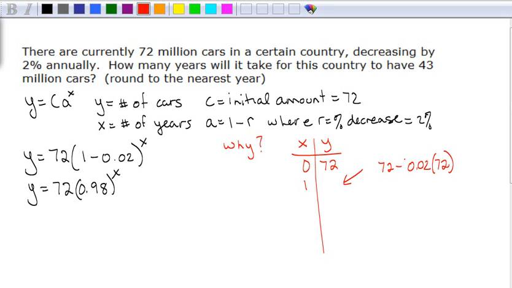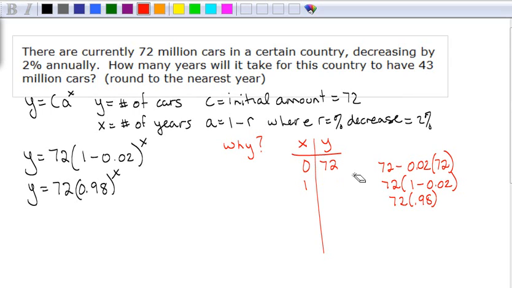Now, where are they getting the 0.98, or the 1 minus 0.02 in the formula? Well, we're going to factor out a 72. We're going to have 1 minus 0.02, which, by the way, is 72 times 0.98. I don't even care about multiplying it out.